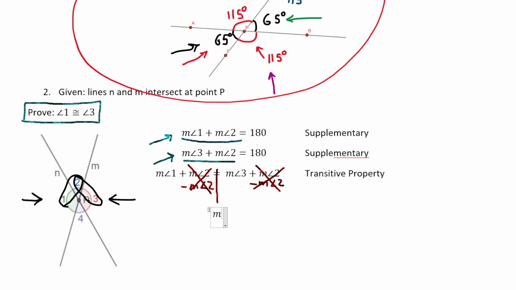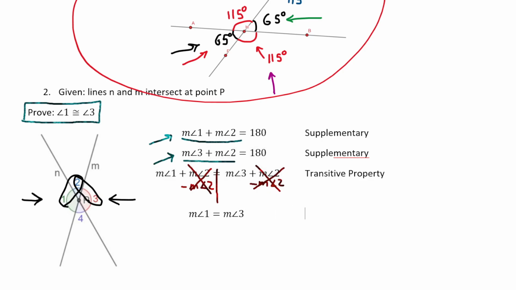So measurement of angle 1 equals measurement of angle 3. This is what I'm left with. After getting rid of these angles, this is what I'm left with, okay?